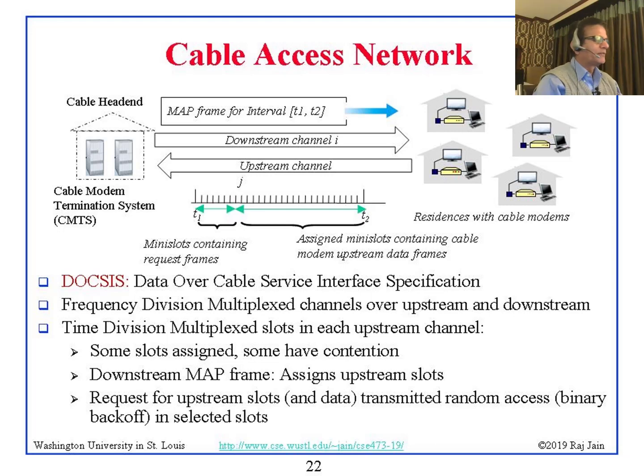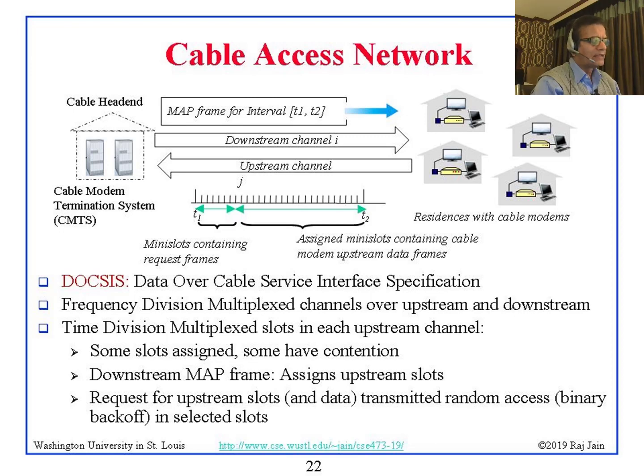They have a CMTS system, and instead of using collisions and random access, they assign the slots, both upstream and downstream. When they want to send some signal to your home, they tell you beforehand that slot numbers 15, 13, 23 are yours. Similarly, on the upstream, slot numbers 15 and 20 are yours. So they don't have the same slots, different slots for upstream and downstream, and you just transmit in those slots.